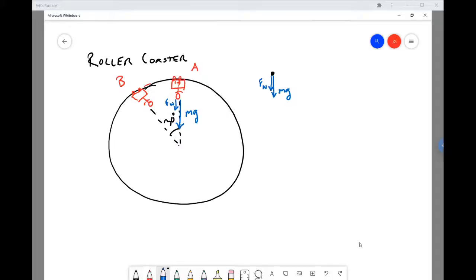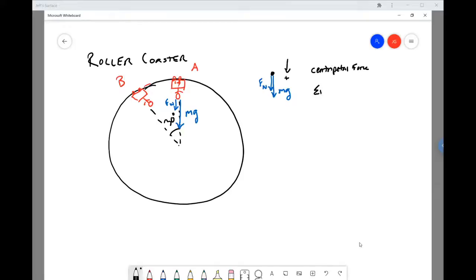Okay, and we'll call down positive. And so this is a case of circular motion. So that means the force that points toward the center of the circle is a centripetal force.